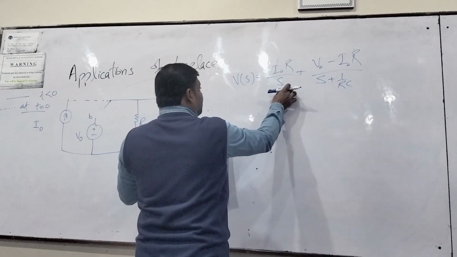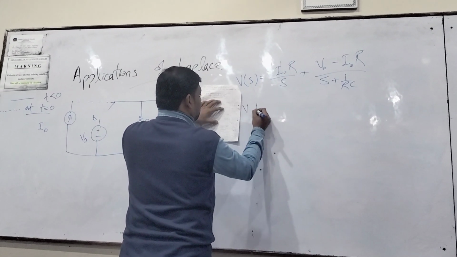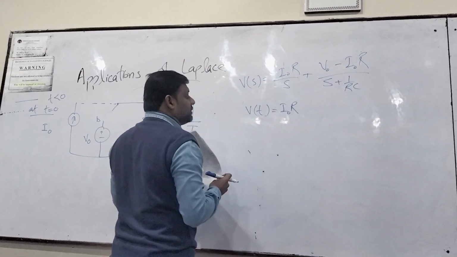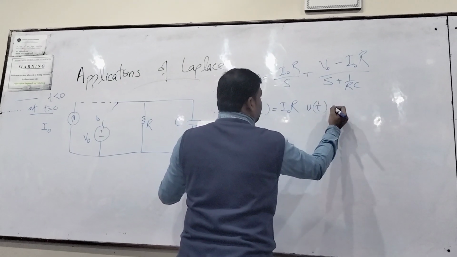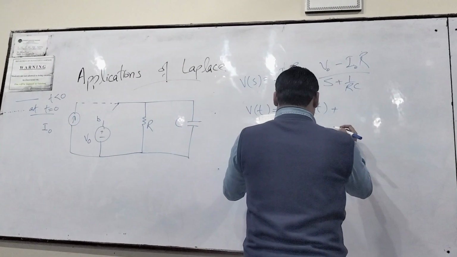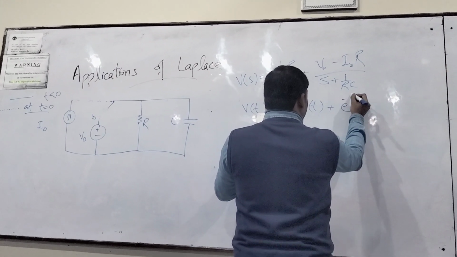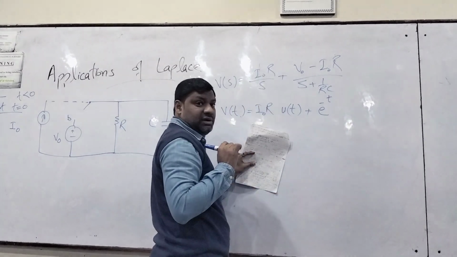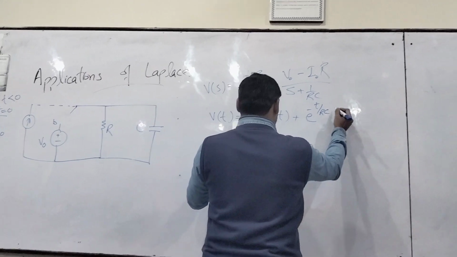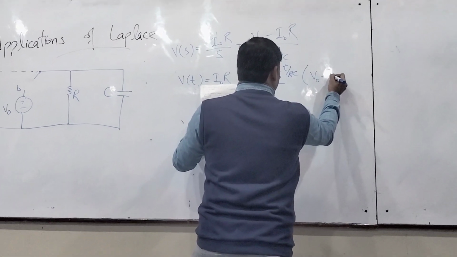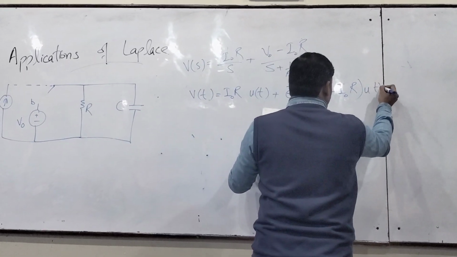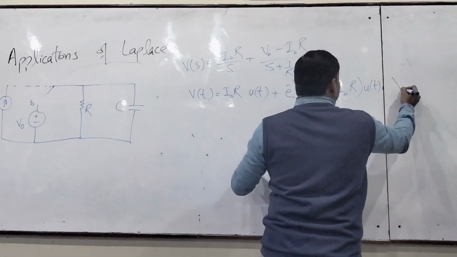So if I use the transform, v of t is equal to I naught R, where 1 over s gives the constant, plus an exponential of minus t multiplied by a, where a is 1 over RC, multiplied by the remaining denominator as it is, and that's connected with u of t, and that's your voltage.